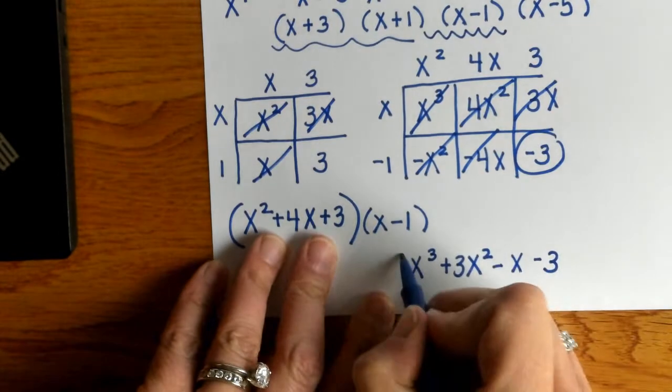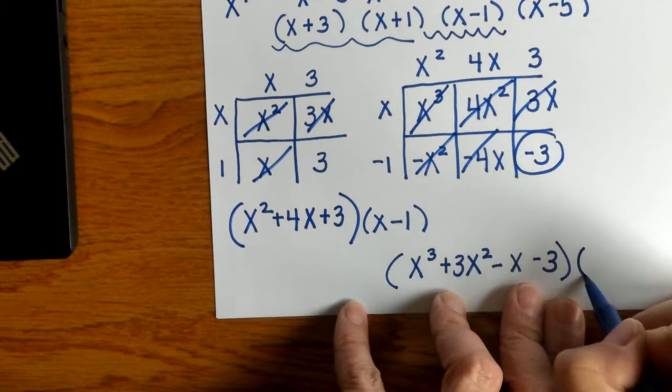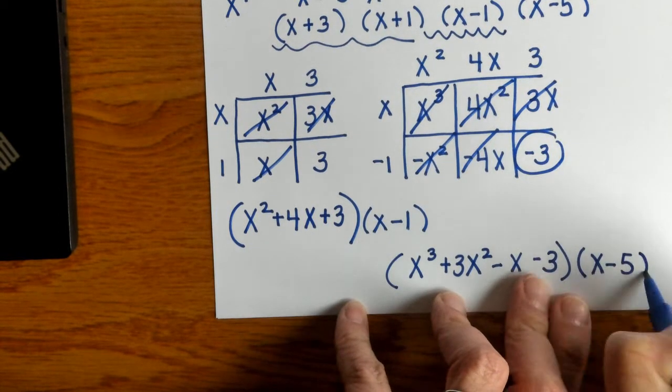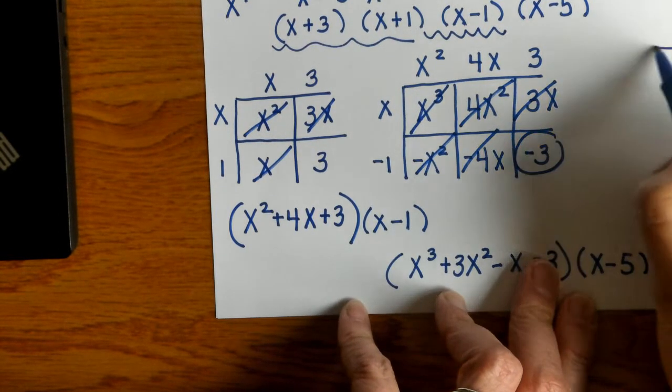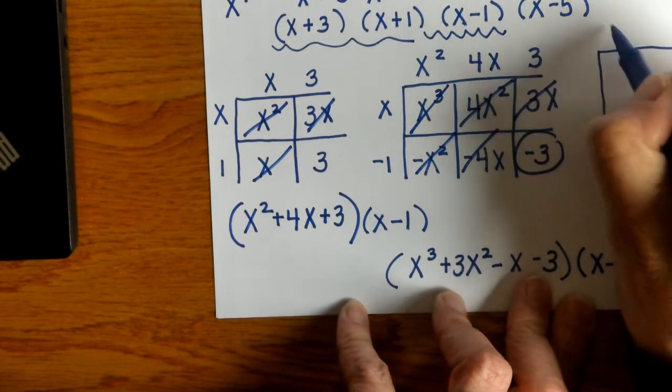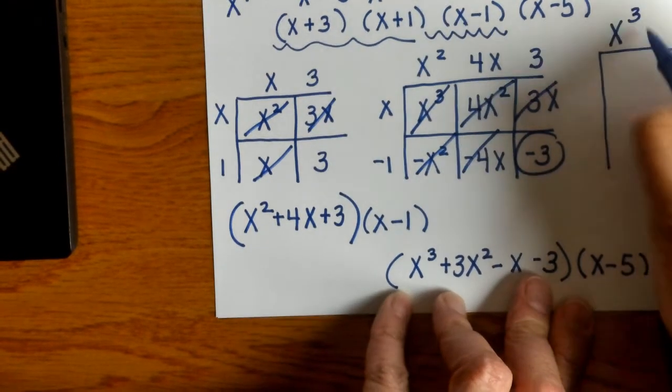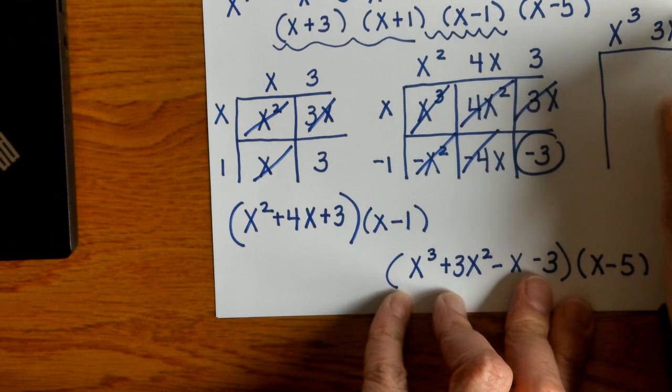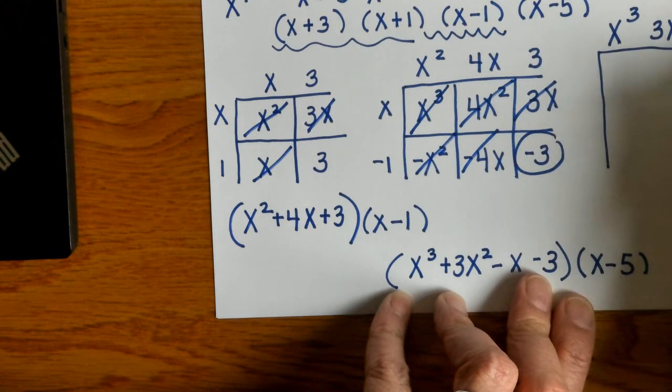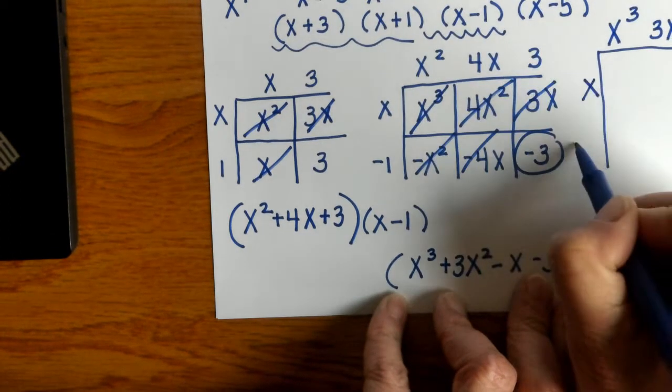And now I need to take that and multiply it times x minus 5. Again, I'm going to do the array. I just think it's easier to stay organized. X to the third, 3x squared, minus x, minus 3, and I have x and negative 5.